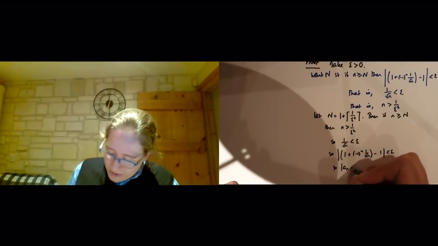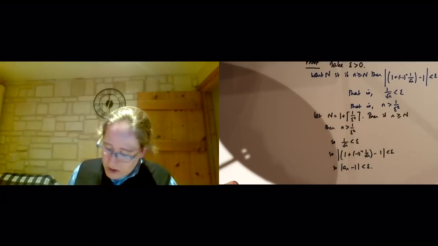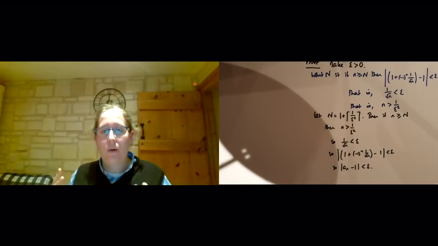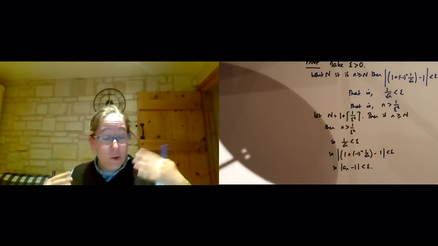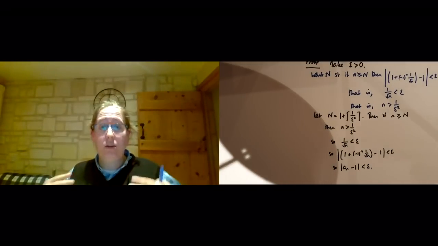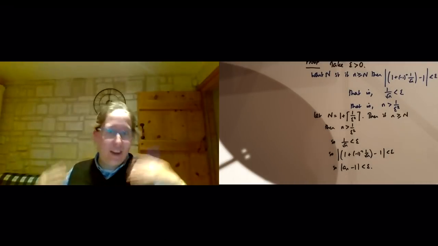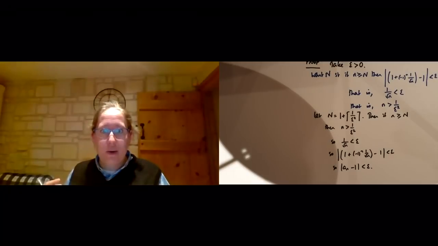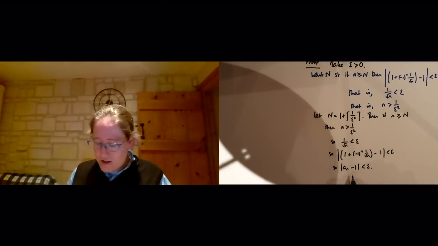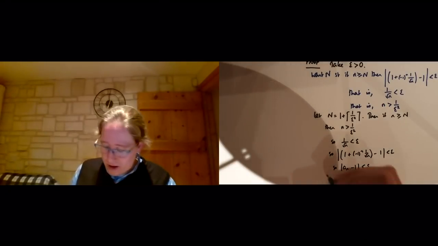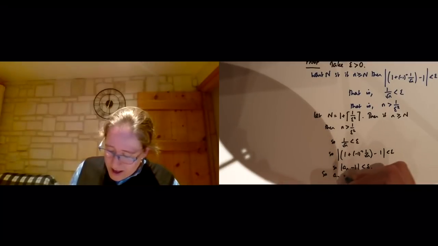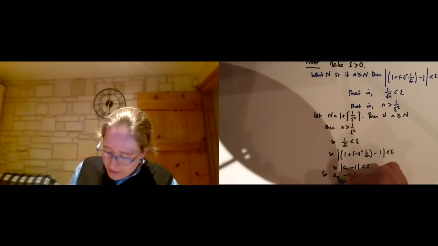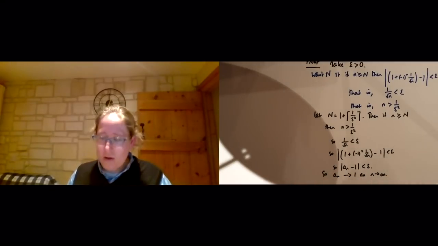So the absolute value of a_n minus 1 is less than epsilon. So we've shown that whatever positive epsilon we start with, there is a capital N, which we defined in terms of epsilon, such that if little n is greater than or equal to capital N, past that point, all of the terms of the sequence are within epsilon of 1. The modulus of a_n minus 1 is less than epsilon. And that shows that a_n tends to 1 as n tends to infinity.